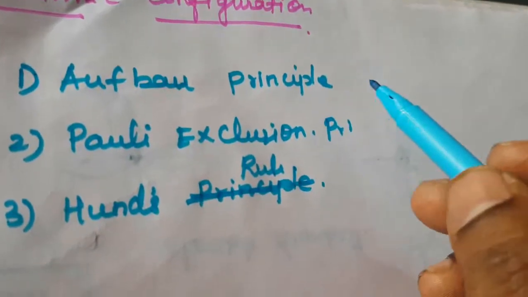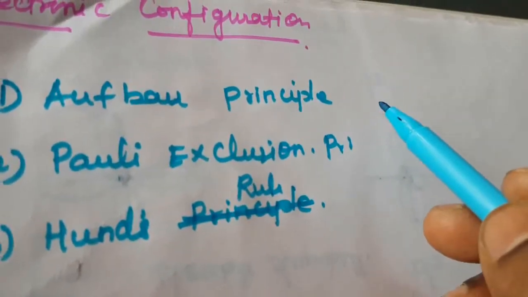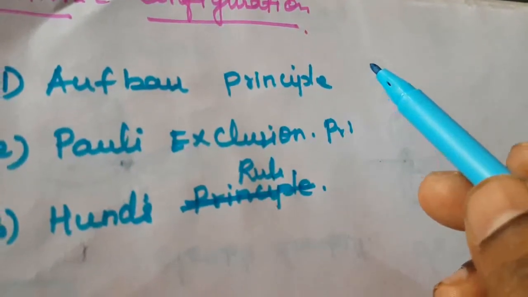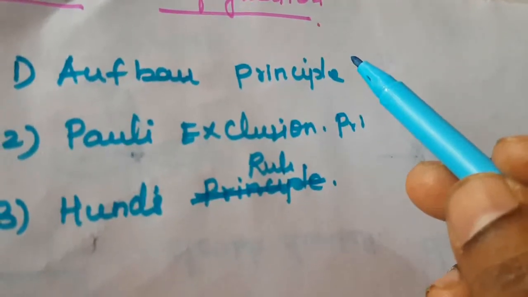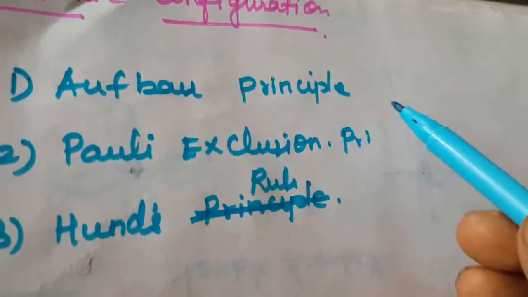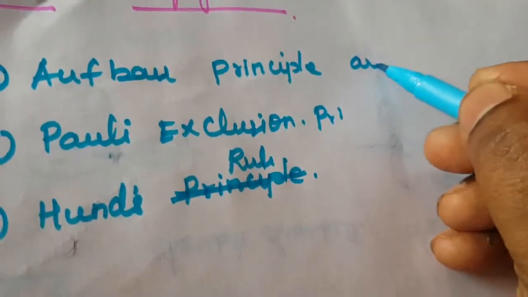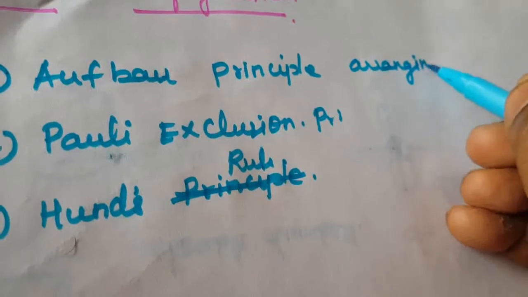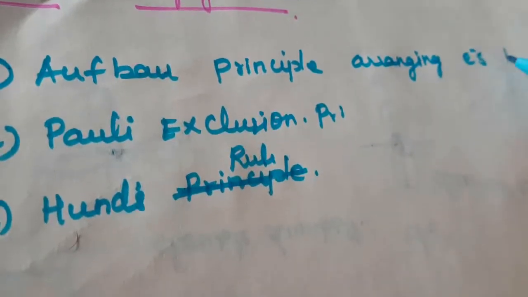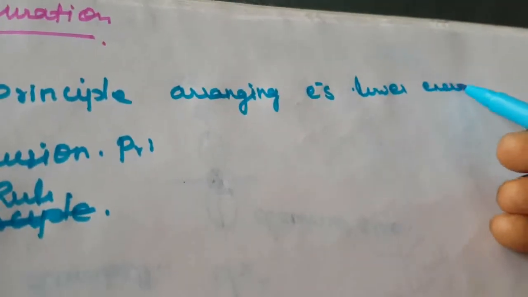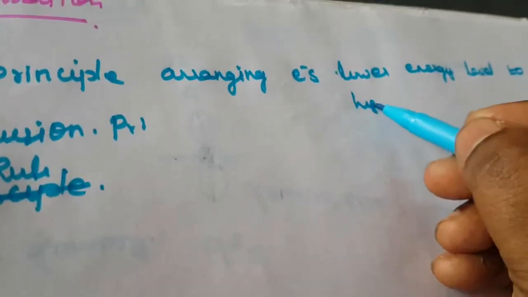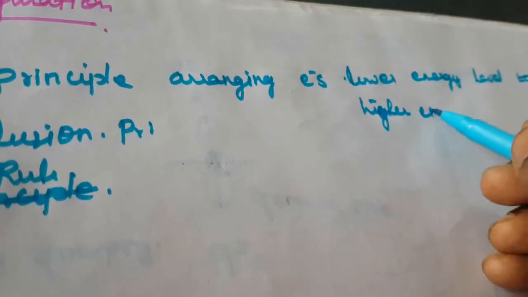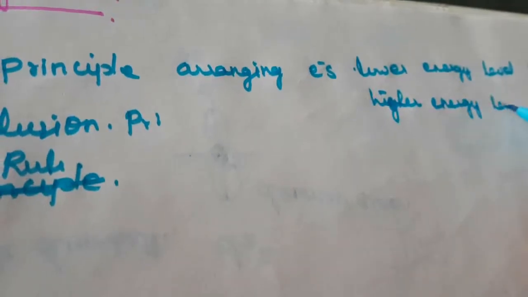Arranging the electrons from the ground state, that is the ground state of the atom, the orbitals are filled according to their increasing energy, from the lower energy level to the higher energy level.